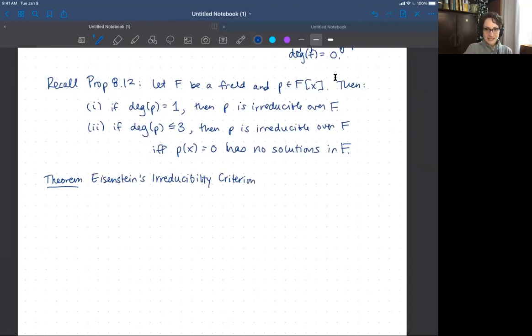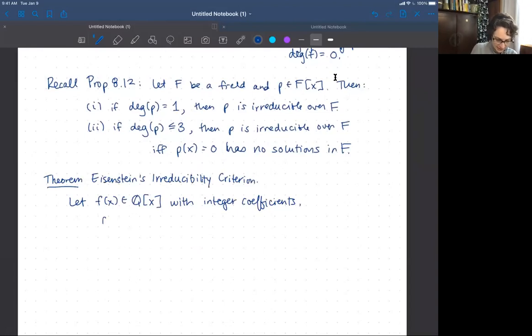And what it says is this. We're going to let f of x be a polynomial with rational coefficients that actually has integer coefficients. And we'll do an example that shows what to do if we don't have integer coefficients, how to fix up our polynomial.